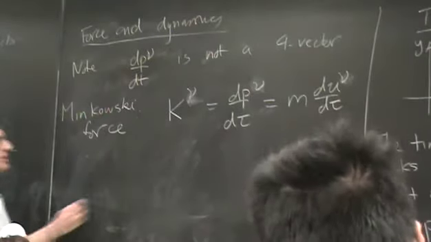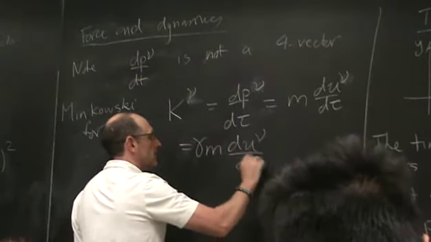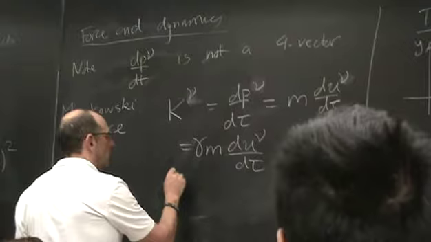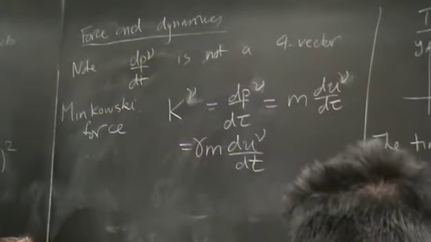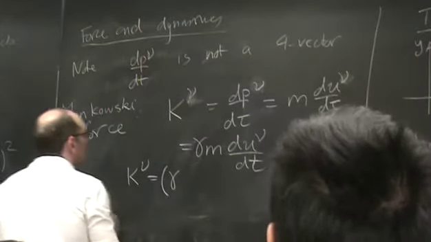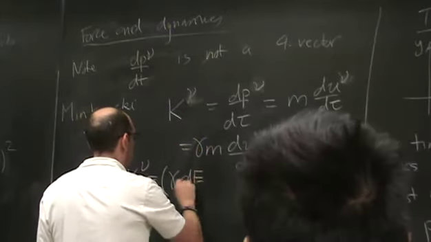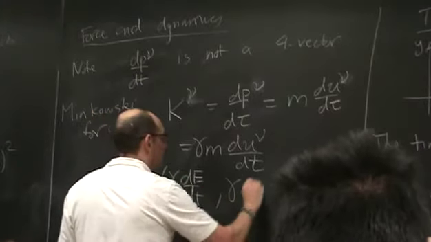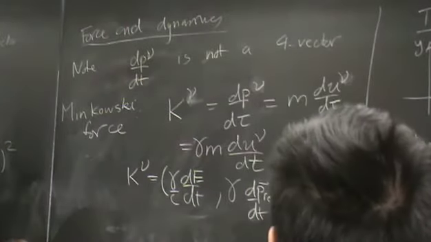Which is equal to gamma m. So that is equal to, according to this, K^ν is gamma dE/dt over c, and gamma dp relativistic/dt.